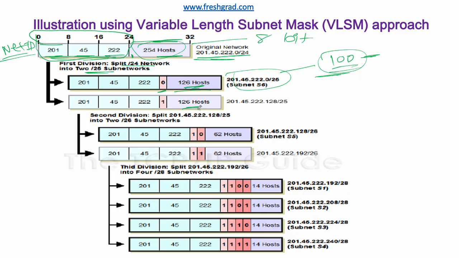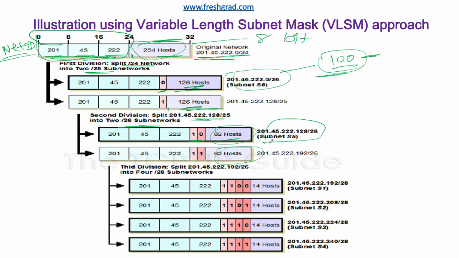Now we are going to further divide this into two more subnets. So we borrow one more bit here, right? Second division: split 201.45.222.128, this is the /25, into two more. So we will have two /26 subnetworks, and each will have 62 hosts, right?